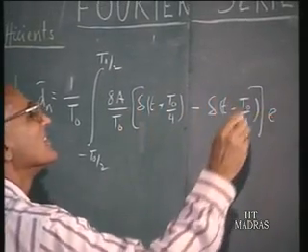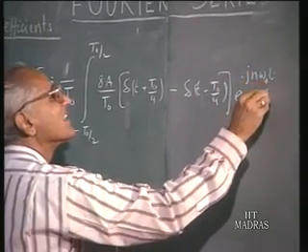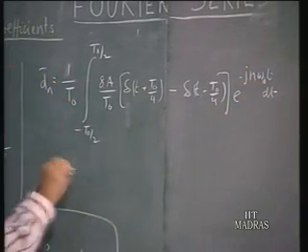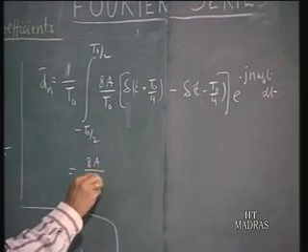e to the power of minus j n omega naught t dt. So we have got 8a upon T naught squared.